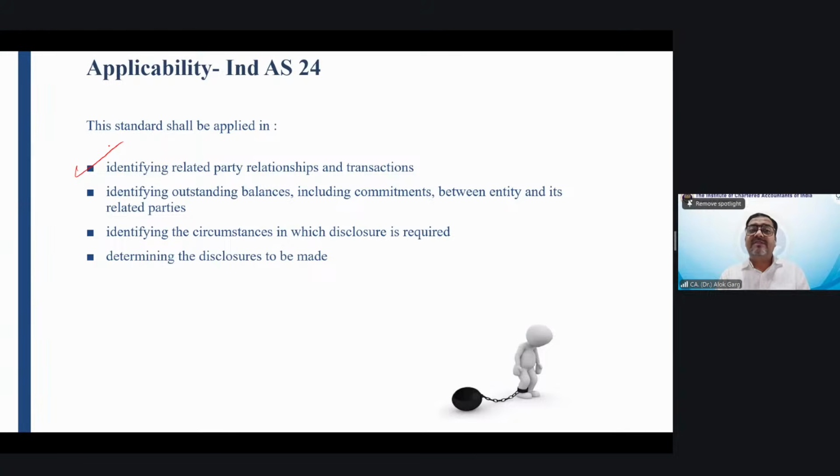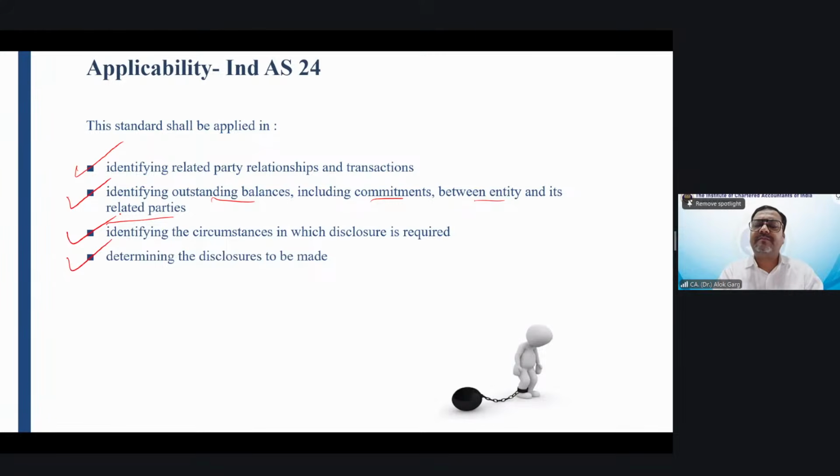It helps in identifying outstanding balances, including commitments, between the entity and its related parties. It helps in identifying the circumstances in which disclosure is required, and determining the disclosures to be made.